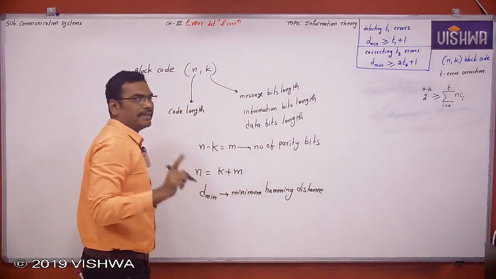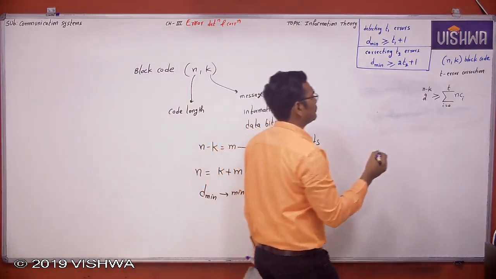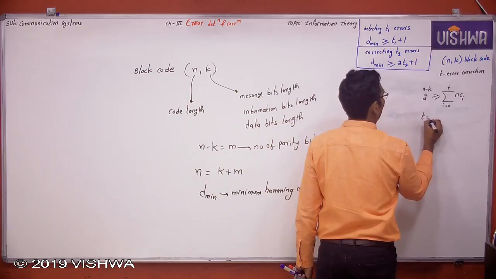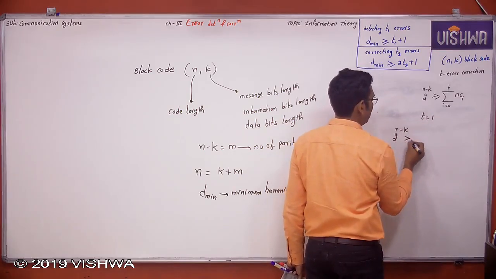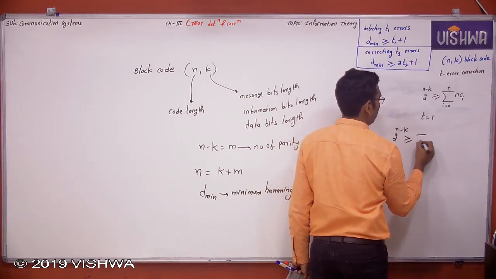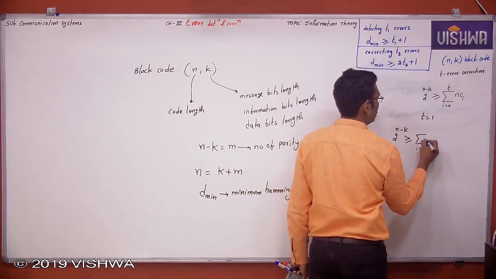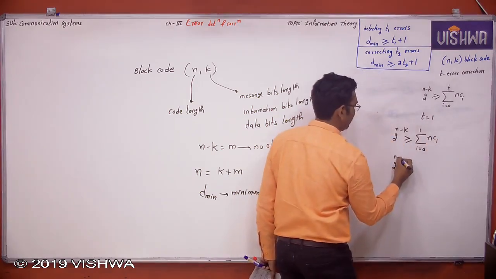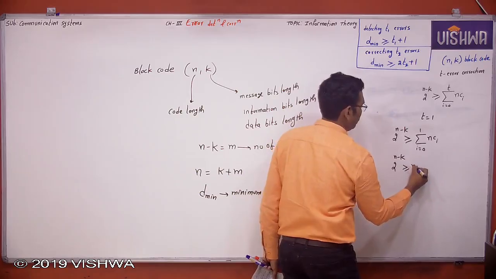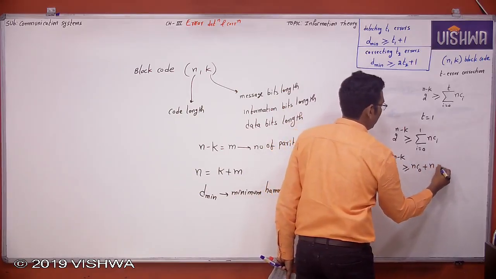So if it is correcting only one error, means t equal to 1, 2 power n minus k is greater than or equal to the summation i equal to 0 to 1 of nCi, which is 2 power n minus k greater than or equal to nC0 plus nC1.